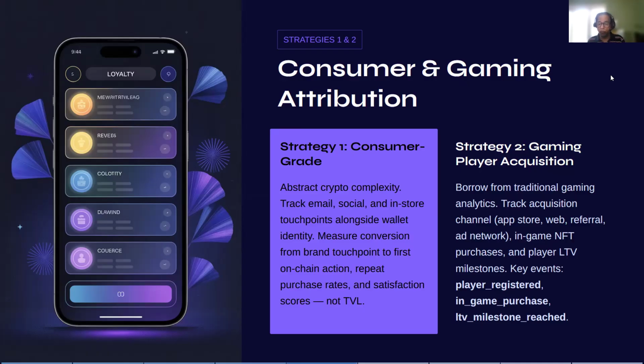For that, you need to measure various attributes that are being stored in Polygon: the number of players registered, the in-game purchases they were making, and the milestones they reached. Many games have multiple milestones. How many milestones did they reach? Did they stop at one or two? Are they continuously coming back and playing, going from the second to the third to the fourth, so that they continuously engage?